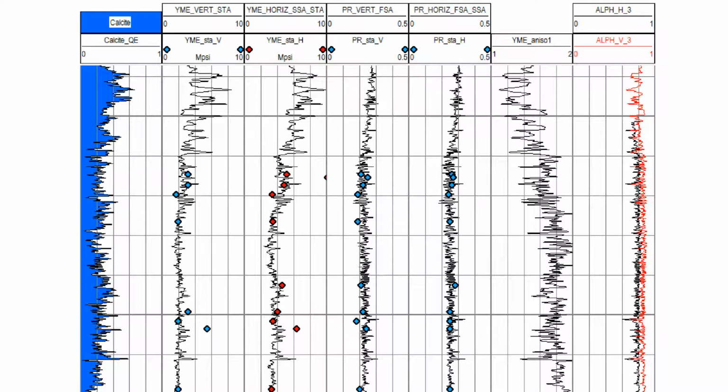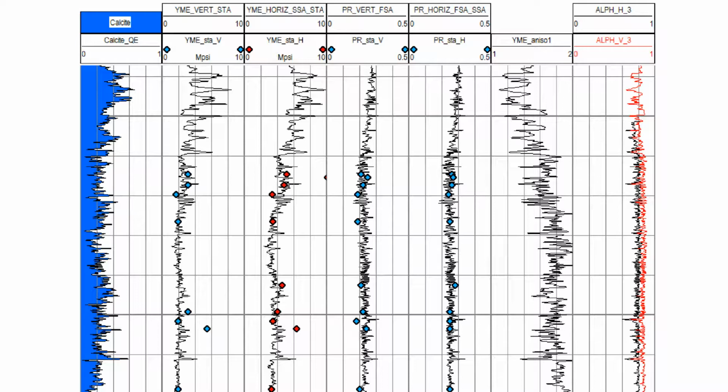Look, for example, right here at this depth, the horizontal is about 10, and the vertical is about 8 for that spike, second spike from the top.